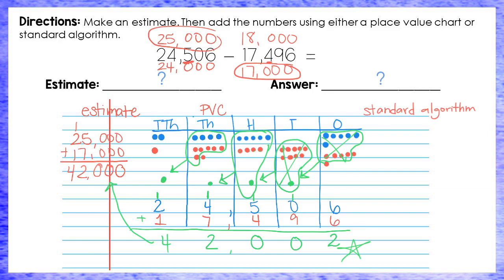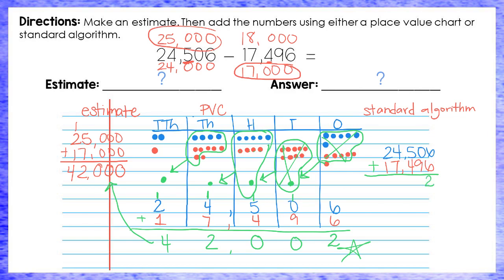We have 24,506 plus 17,496. I'm going to add those together. In the ones place, we start 6 plus 6 is 12. Can't put 12 in the ones place.